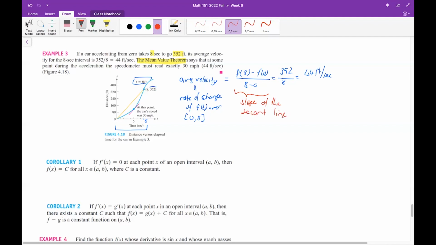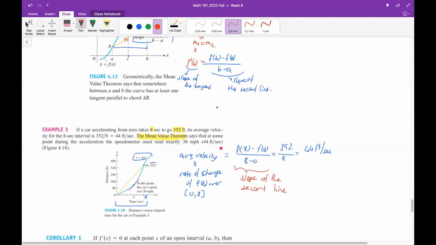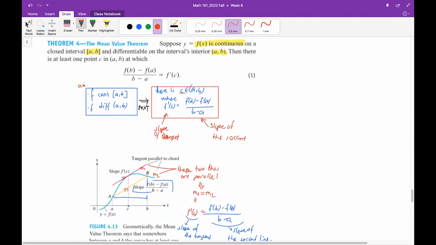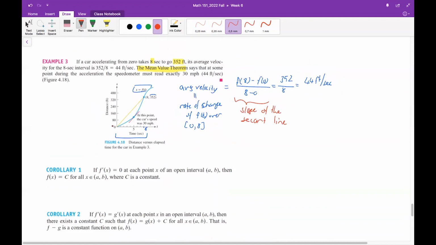So if your function is continuous and differentiable, now it's time to apply the mean value theorem. What do we know about the mean value theorem? Look at the assumptions box. These are the assumptions, and this is the conclusion. If your function is continuous and differentiable, let's check. You see this is a very nice graph which is continuous from 0 to 8 and also differentiable, as there are no corners, holes or anything.